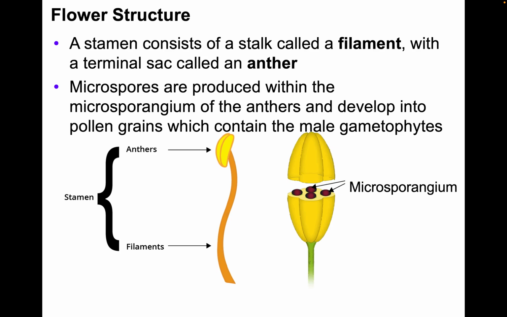Same can be said for a lot of the things in plants. It's just we're dealing with words you're not used to. The microspore becomes, upon further development, the microgametophyte. The microgametophyte over time makes and contains sperm, which over time become a pollen grain that gets released from the anther on the wind or on a pollinator.